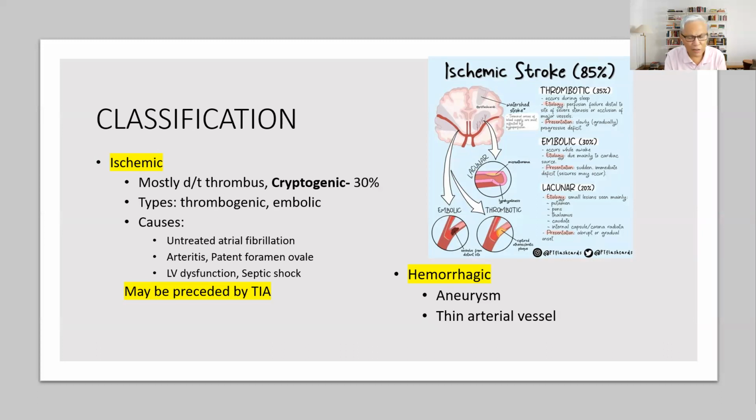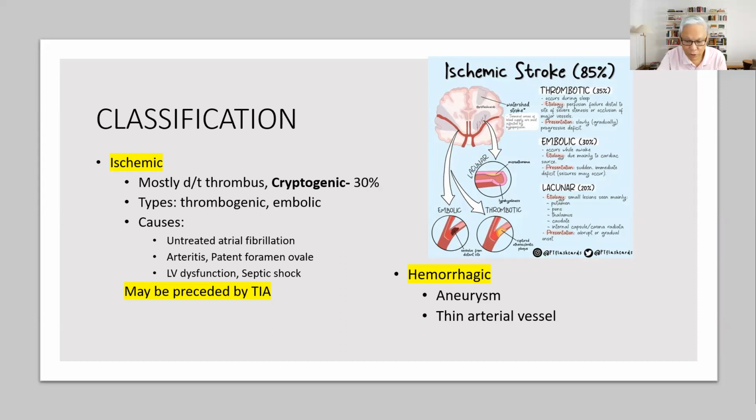Now, the other kind of stroke is what's known as hemorrhagic stroke. Hemorrhagic stroke occurs when areas of the cerebral artery become weak or thin due to long periods of hypertension. This weakened area or thinning of the blood vessel will result in an aneurysm.